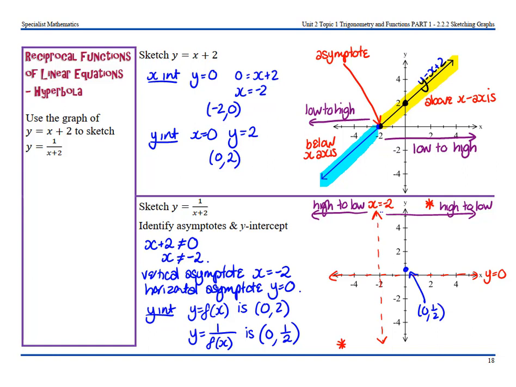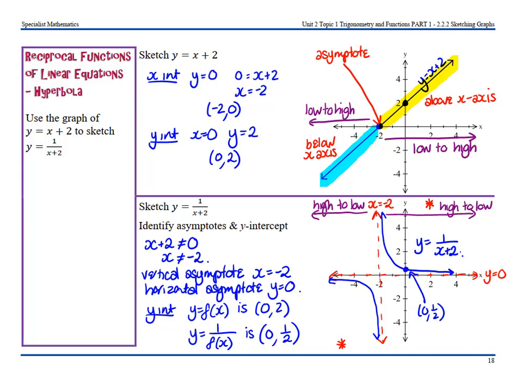So we need to go from a high value to a low value, and we can't touch our x-axis. And then on the other side, we need to go from high to low. So that's y equals 1 over x plus 2.